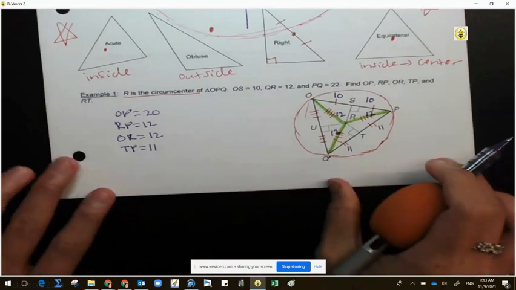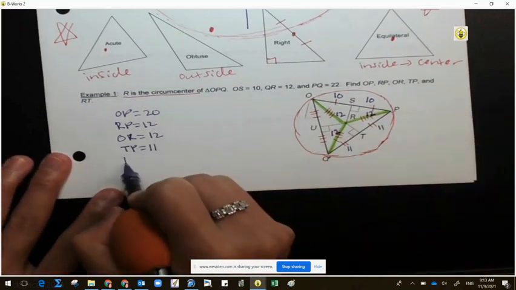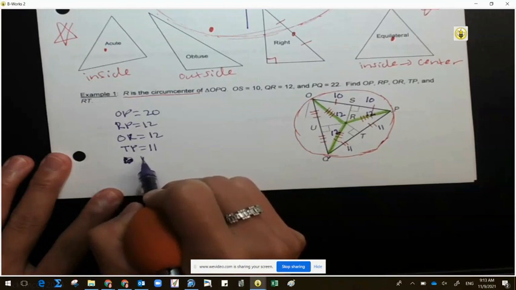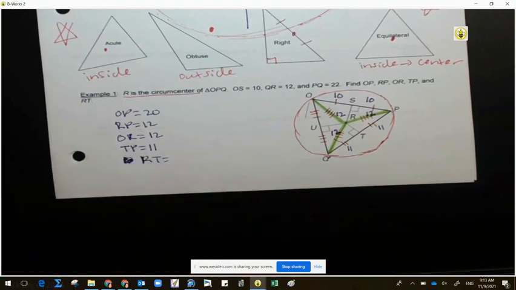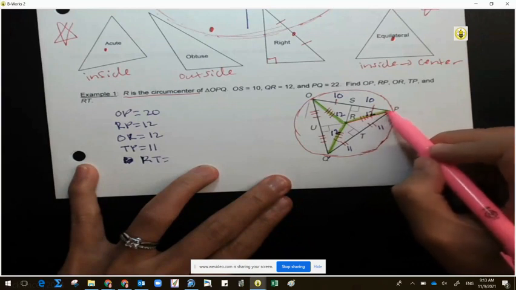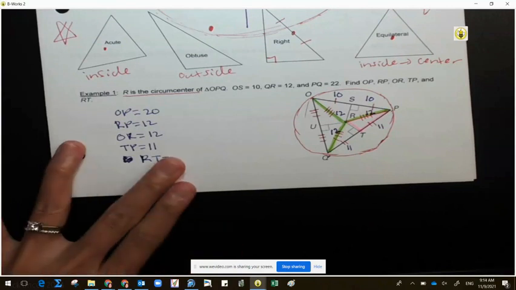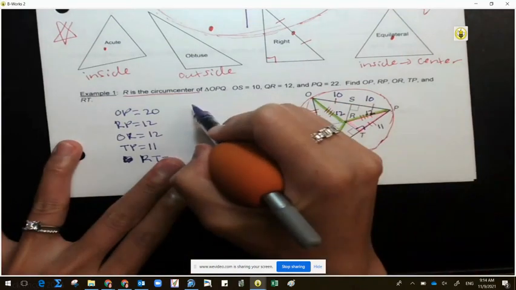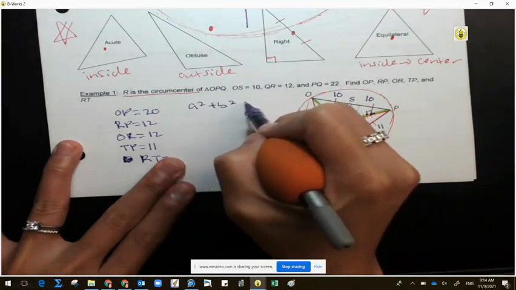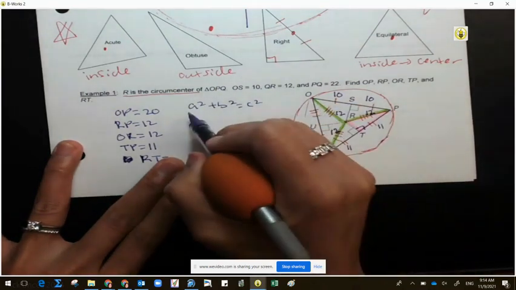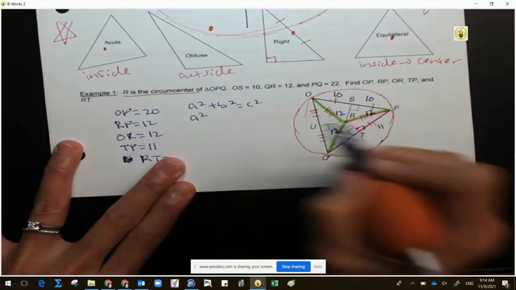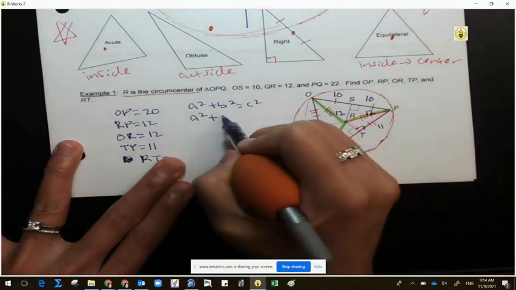And the only one that's going to involve work is going to be RT. So let's take out a different color real quick. RT has to do with this triangle right here specifically. Don't we have a right triangle there? Yes. Can I use the Pythagorean theorem? Yes, I can. So I can write out a squared plus b squared is c squared. My a, I'm going to call that the unknown. Then b squared is 121.